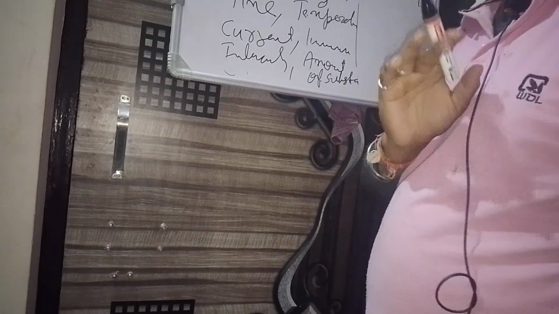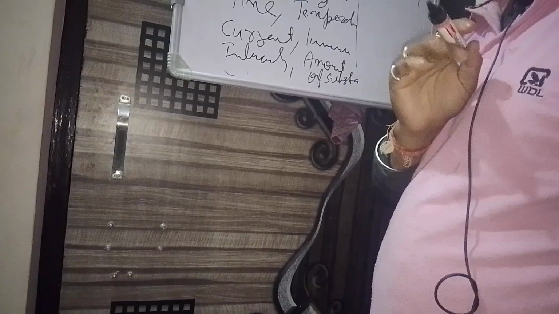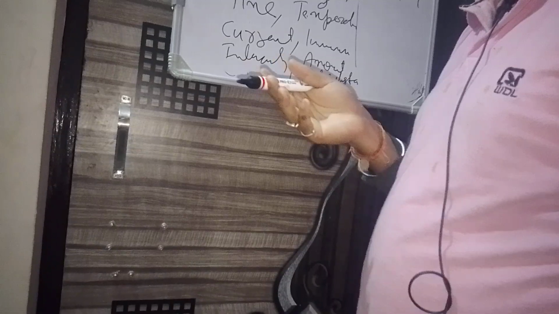Now you understand fundamental physical quantity. A physical quantity which is independent of others is a fundamental physical quantity. A derived physical quantity depends on other quantities. For example, speed. Speed is a physical quantity which is dependent on distance and time.